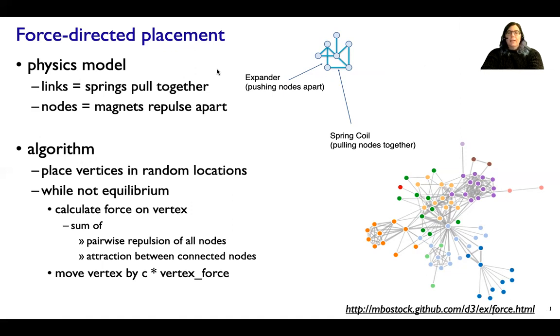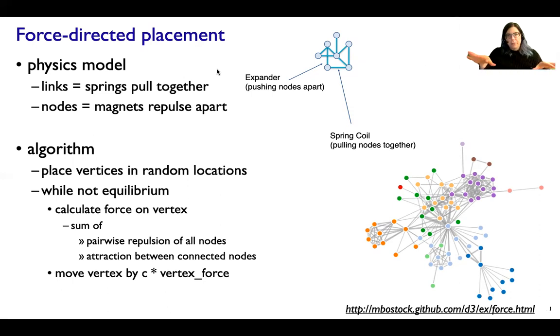What's appealing about this for so many people, and this has been invented and reinvented many, many times, is it's really easy to think about a basic algorithm for this. You could just put things in random locations and then calculate forces. All the nodes are repelling each other, but you've got these attraction forces.